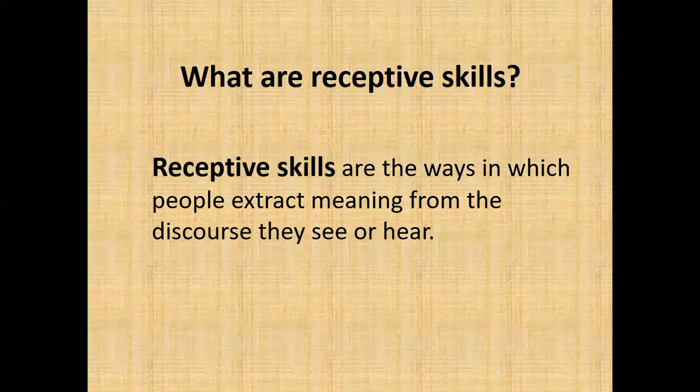That is the skill related to when you can produce language, in this case speaking and writing. But in this particular presentation, I'm going to specifically discuss how to teach receptive skills. That means how to teach listening and reading.